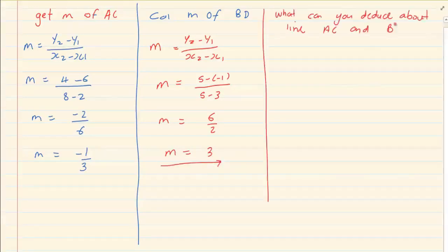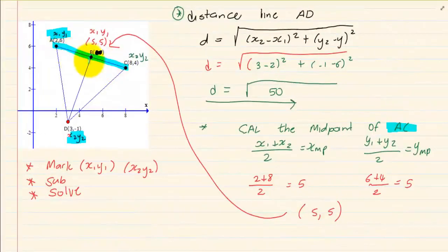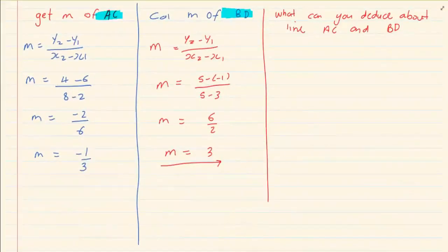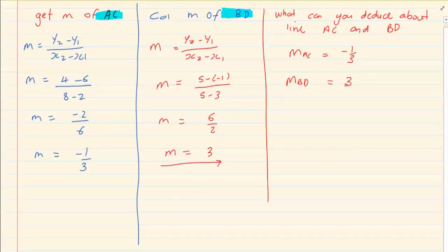Then they would ask you, what can you decide regarding line BD and line AC? If you look at their gradients, the gradient of AC is equal to minus a third, and the gradient of BD is equal to 3.